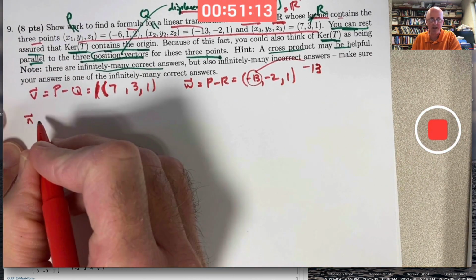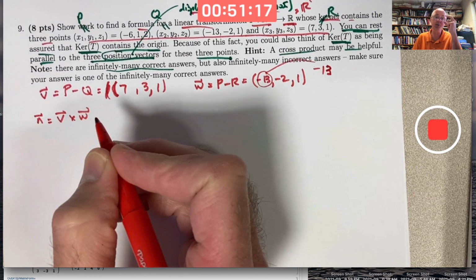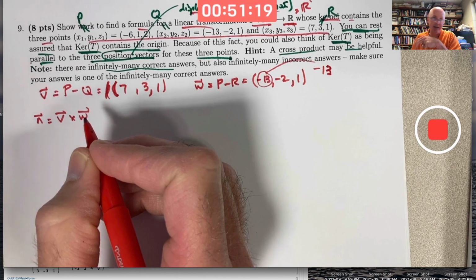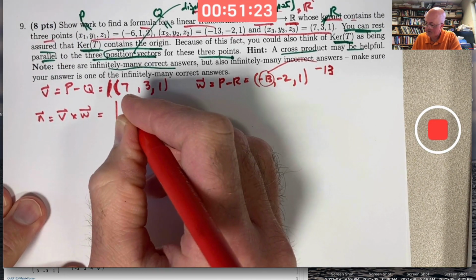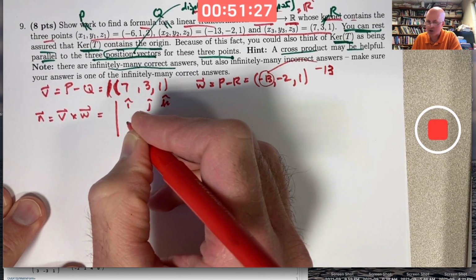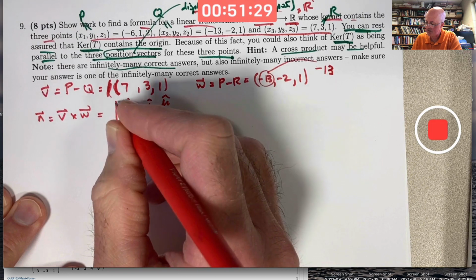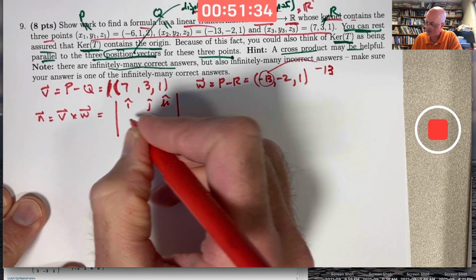A normal vector for the plane is, for example, v cross w, or any scalar multiple of that cross product, including w cross v. To find the cross product, there are various things you can do, but what I always end up doing is taking a determinant of a 3x3 matrix. The lines here mean take the determinant; it's alternative notation for the determinant.